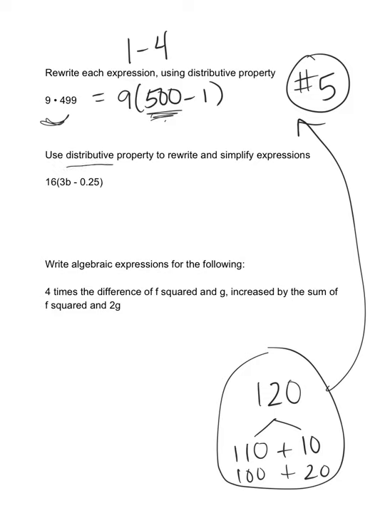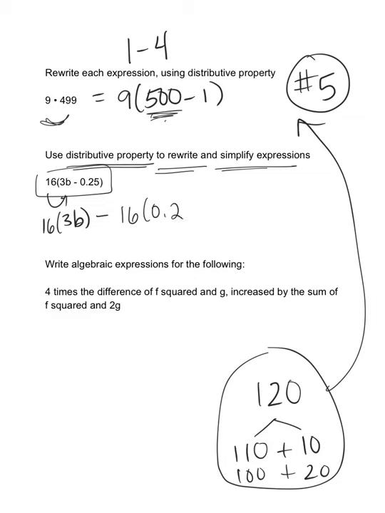Alright, so now I want to use the distributive property to rewrite and simplify this guy. Distributive property means you multiply. So I'm going to take 16 times 3b and rewrite that, and bring down my minus sign, 16 times 0.25.